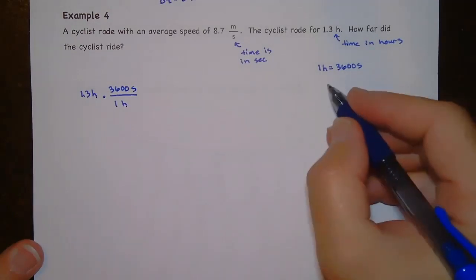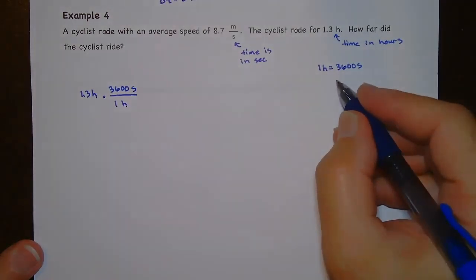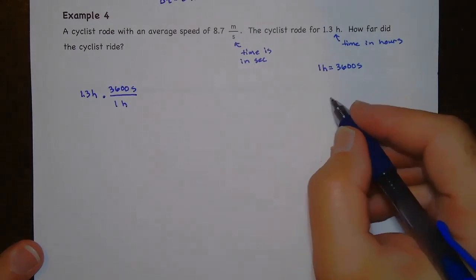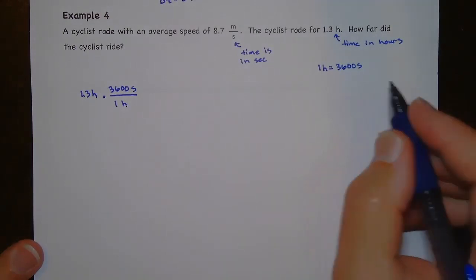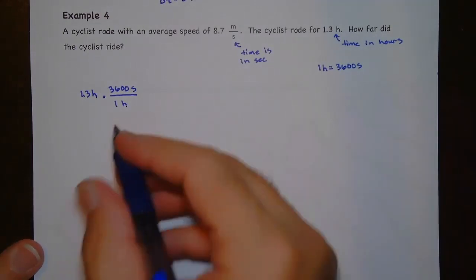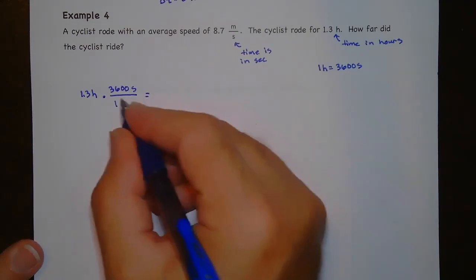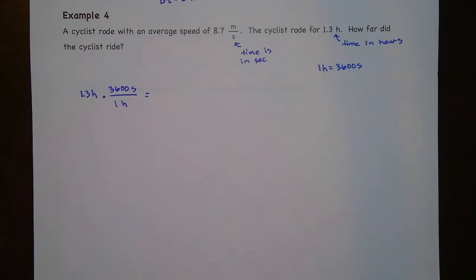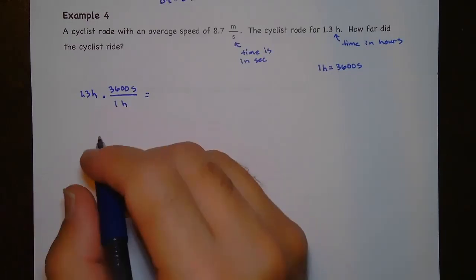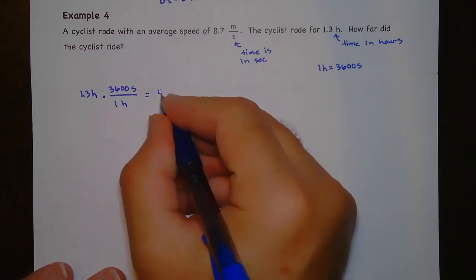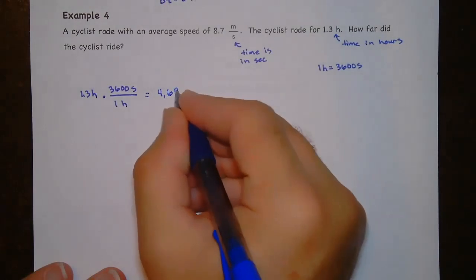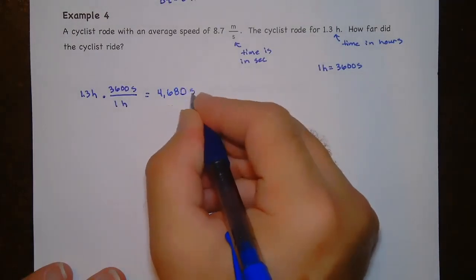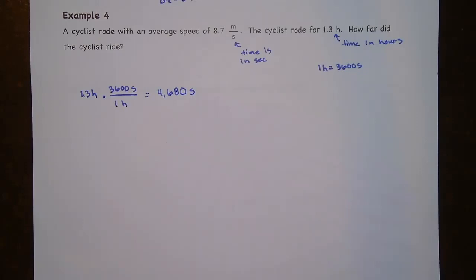Okay, you could also do 1 hour is 60 minutes, and 1 minute is 60 seconds, and go about that, and you'd get the same answer I'm going to get here. Okay, so 1.3 times 3,600 all right, is 4,680 seconds, okay?